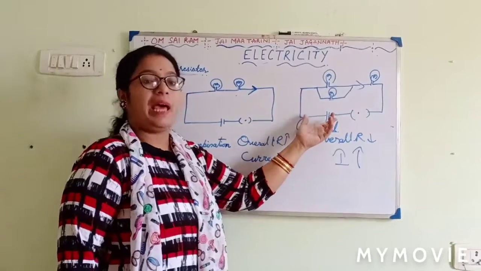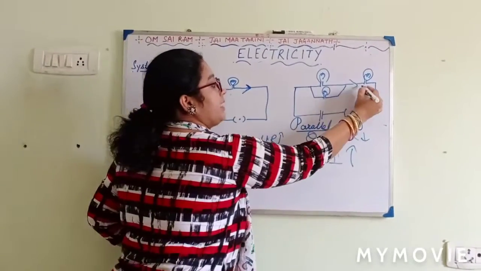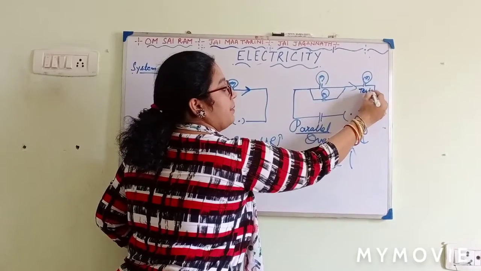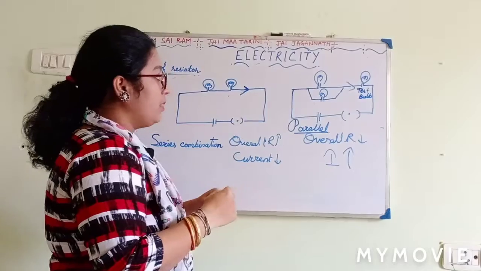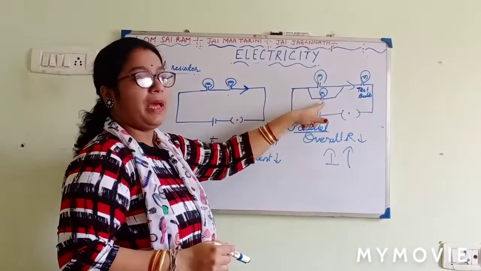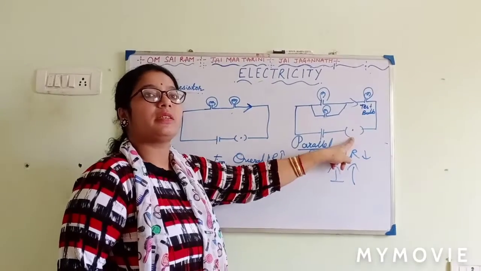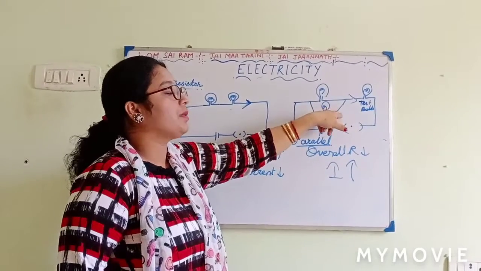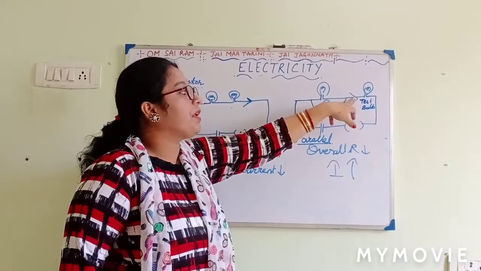Now to study the parallel combination, we will put a test bulb over here. This is our test bulb. Now we'll combine two bulbs in parallel combination. So now we'll switch on the circuit. After switching on the circuit, we'll see the brightness of this test bulb is gradually increasing. So what is happening over here?